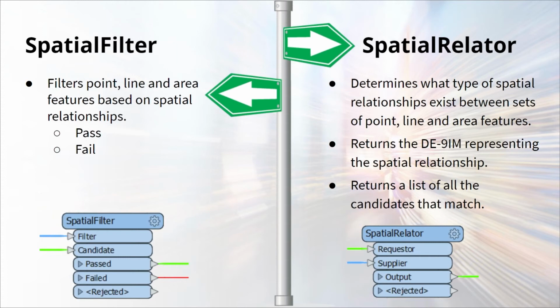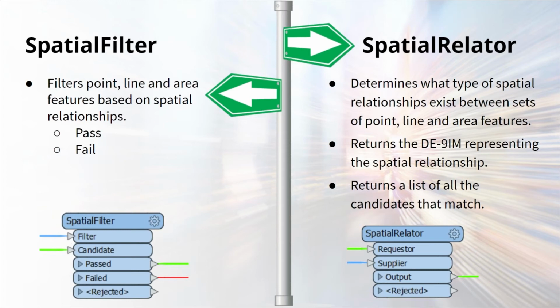One of the great things and key attractions of the SpatialRelator is that it returns that DE9IM matrix for the actual spatial relation that occurred between the two features that you're looking at, the base and the candidate, or in the SpatialRelator, it's listed as the requester and the supplier. When you're working with these two transformers, they are a bit tricky because what comes out is kind of reversed.